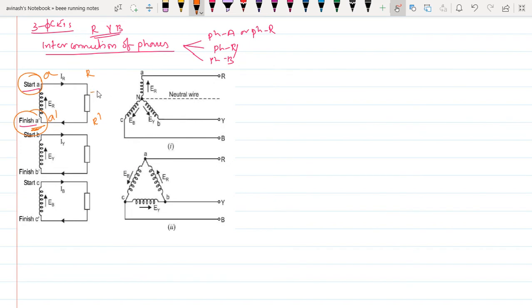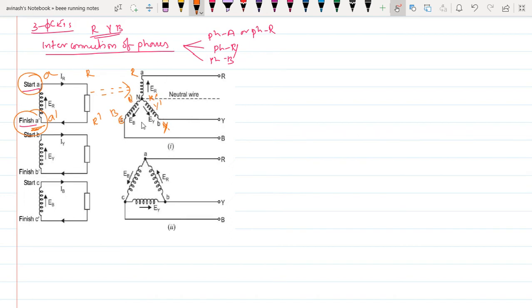The same equivalent in star connection. If we connect these windings in star, this will be the R starting point and this will be the ending point R dash. Whereas here this will be the starting point of Y, and this will be the ending point Y dash, and this will be B dash.